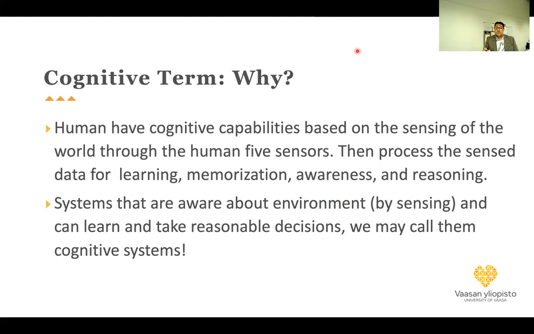Based on that, they can take a reasonable decision in order to protect the primary users, as well as to maximize the utilization of the available holes, like white space or gray space in the spectrum. Because we have sensing, and based on the sensing, we can make intelligent action. We call this system cognitive radio.